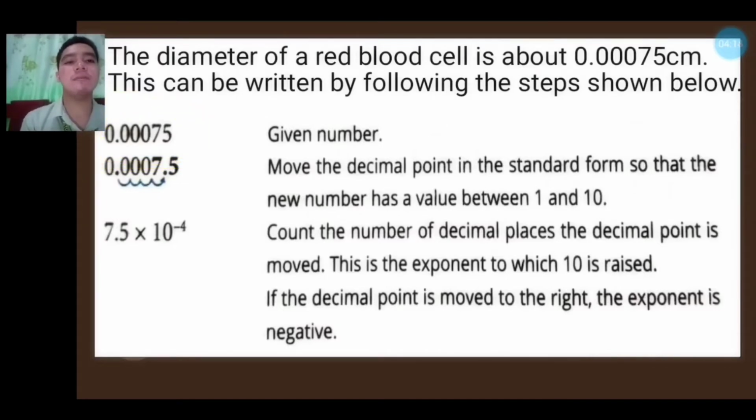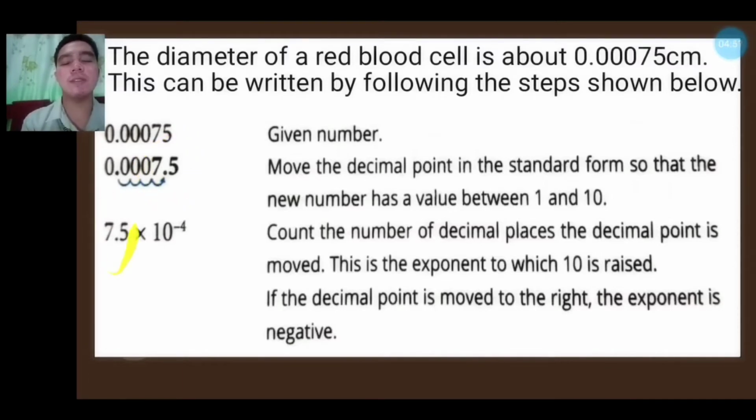Move the decimal point in the standard form so that the new number has a value between 1 and 10. The new value should be 1 or between 1 and 10. To make it possible, we will move this decimal point to the right. 1, 2, 3, 4. Now our new number is 7.5.